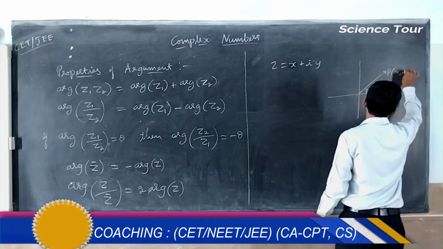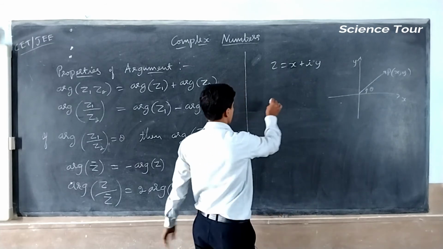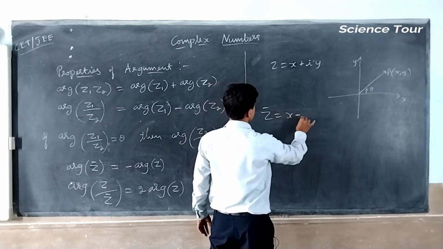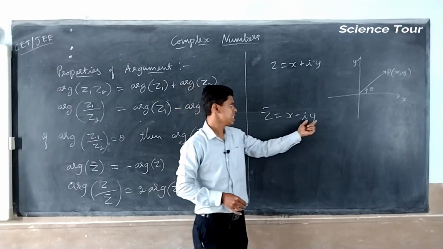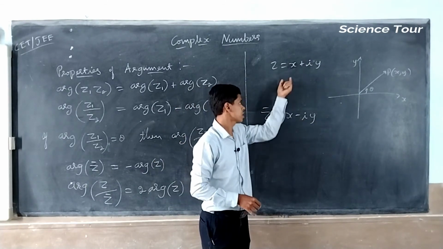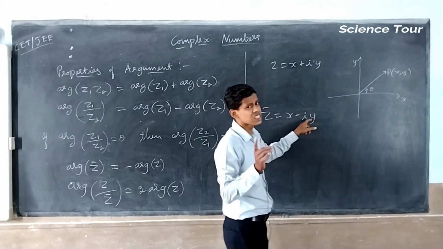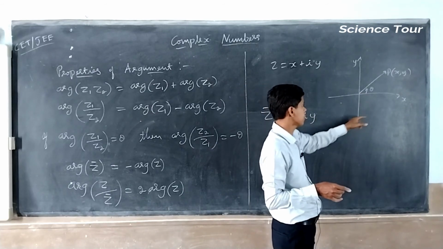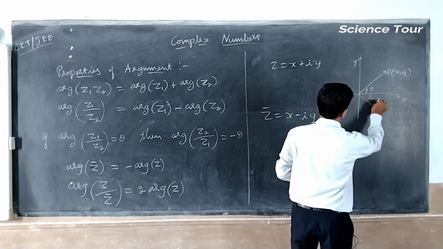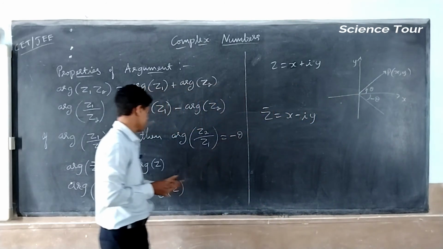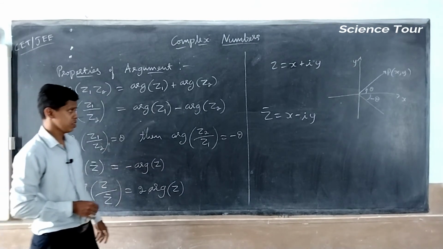So this is x comma y, and both x and y are positive. Now what is z bar? The imaginary part of the complex number changes the sign, and the real part remains the same. So here x is still positive, but y has changed the sign, that means y is negative. It will be in the fourth quadrant, right? So this is minus theta. So argument of z bar will be minus of the argument of z.